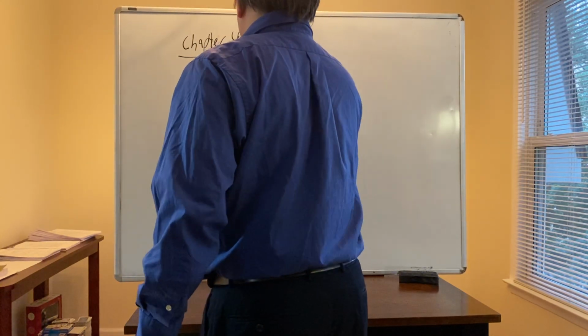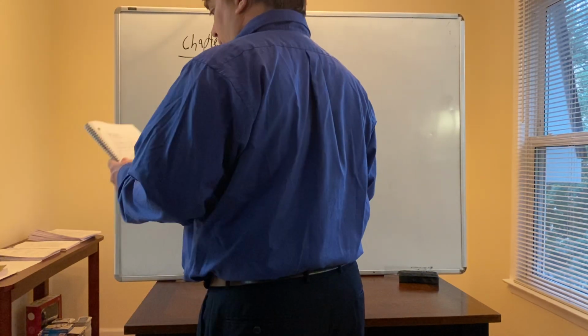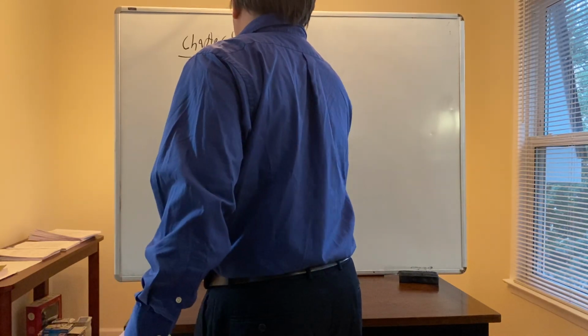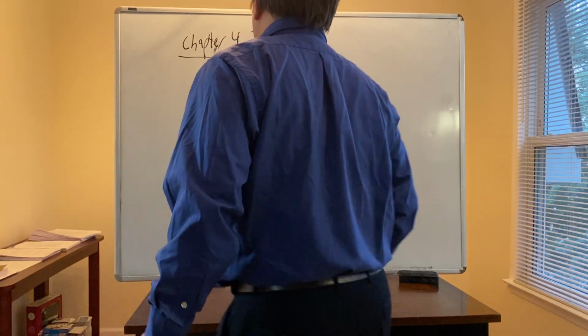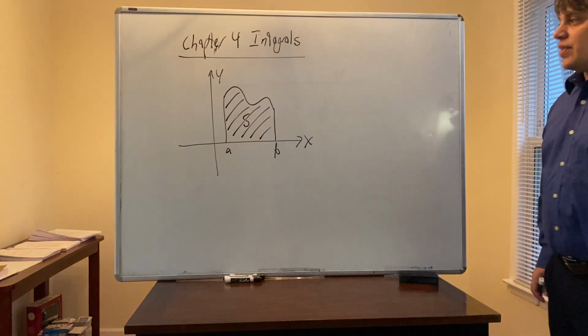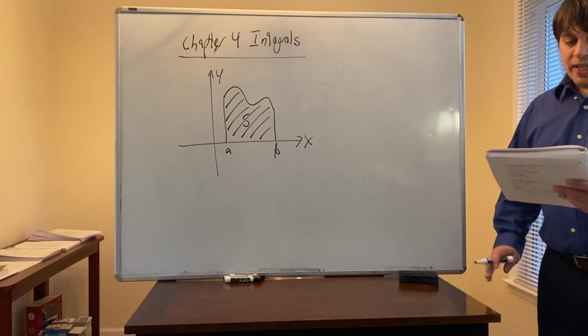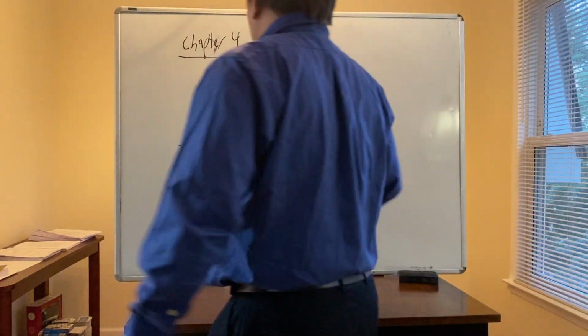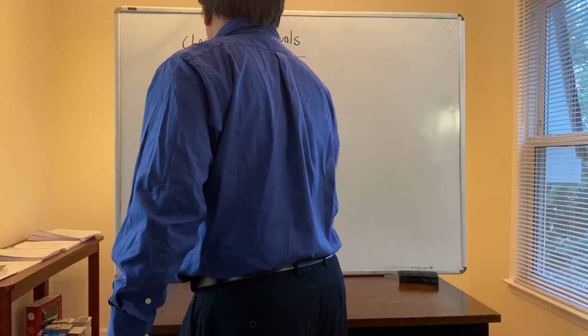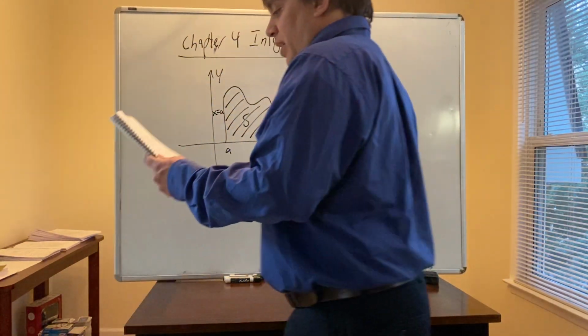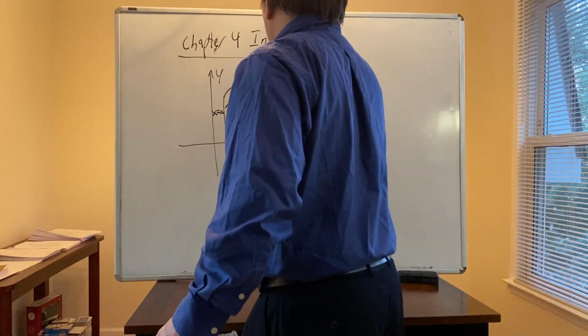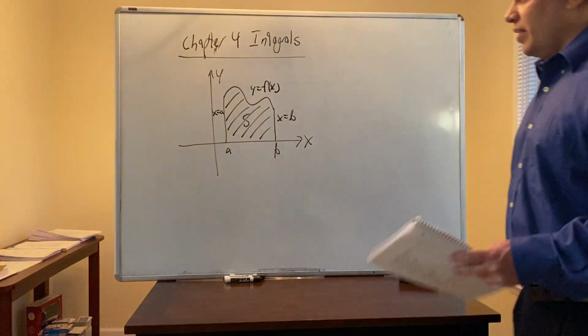Let's say you have a curve that looks like this. And let's say S is the area of this. Let's say you have this region S. A question you could ask is, what is the area of that region S? This is the line x equals a, this is the line x equals b, and this is the curve y equals f of x, from x equals a to x equals b.